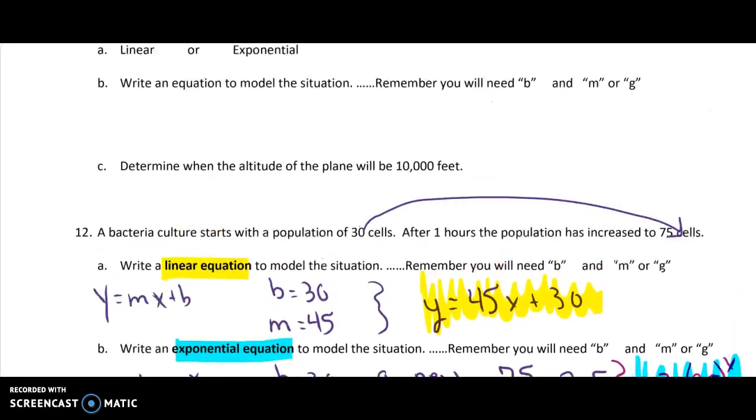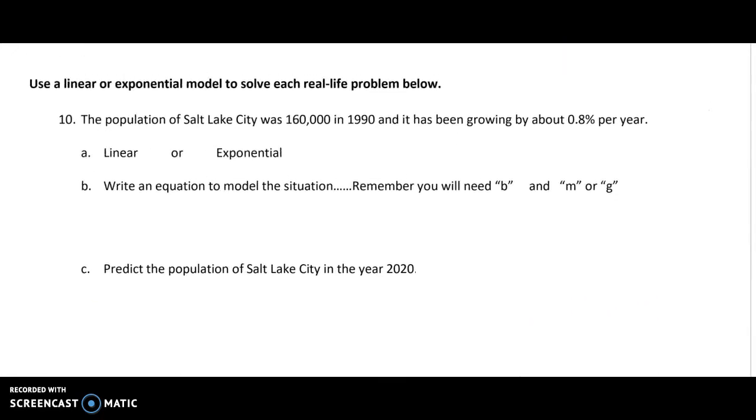So kind of just backtracking to the other ones, you're going to have to tell me, is it linear or is it exponential? Then you're going to write your equation, and then you're going to use that equation to predict the population in 2020. Do not put 2020 in. If the initial year is 1990 and you're going to 2020, that's going to be 30 years later, okay?